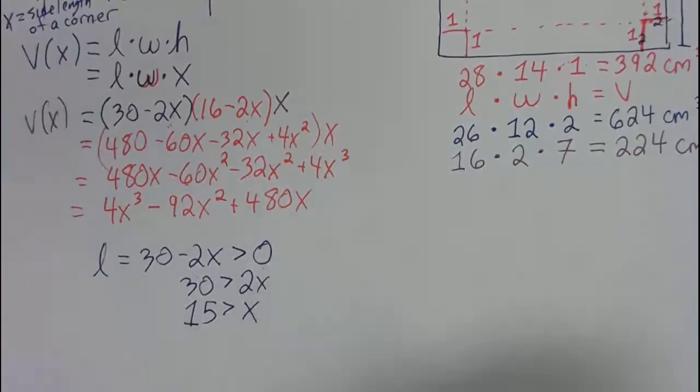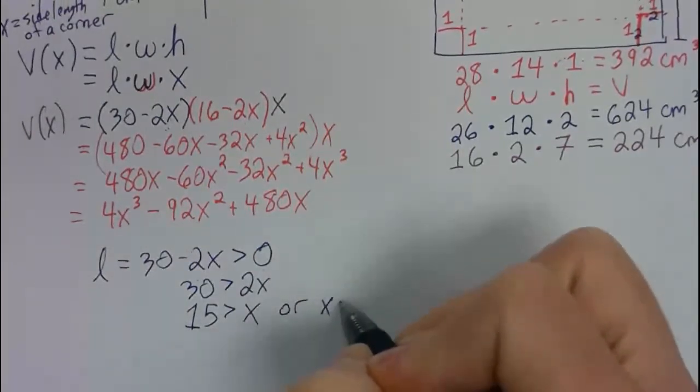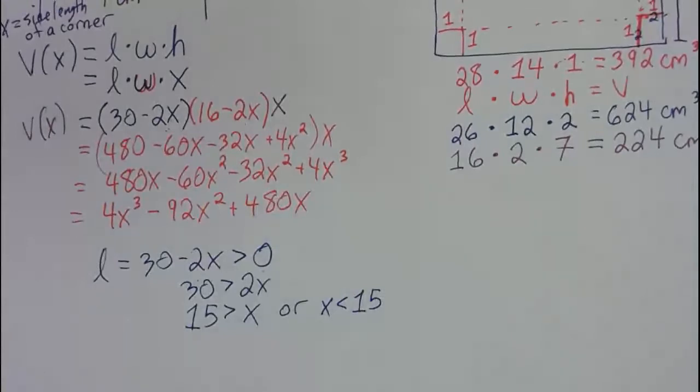So that's basically saying x is less than 15. So we know that our x has to be greater than 0 from what we already talked about. Also, it can't be bigger than 15.